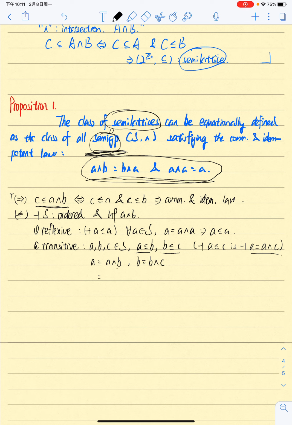So from here, we change B to BC. Because this operation satisfies the associative law, as this is a semigroup, we can rewrite this, and AB is A, right? So this is AC. So A is equal to AC. Then we are done.